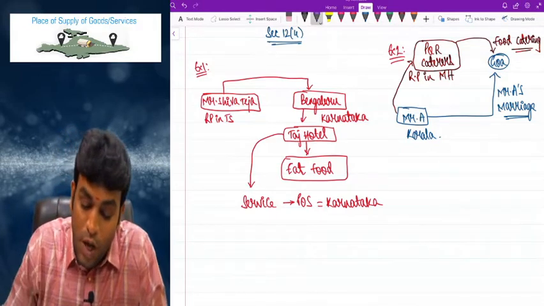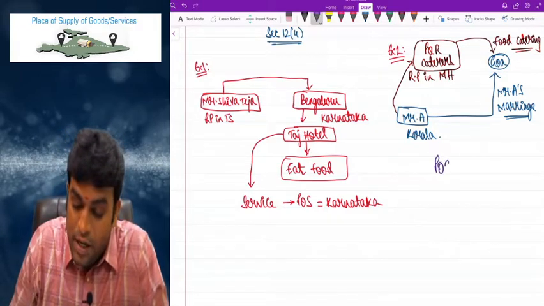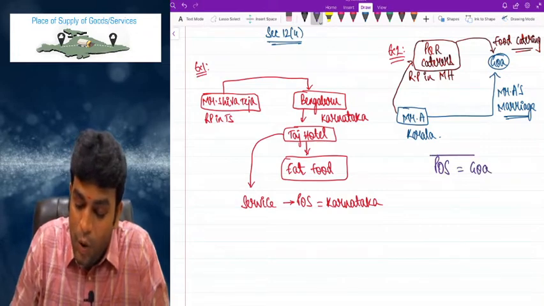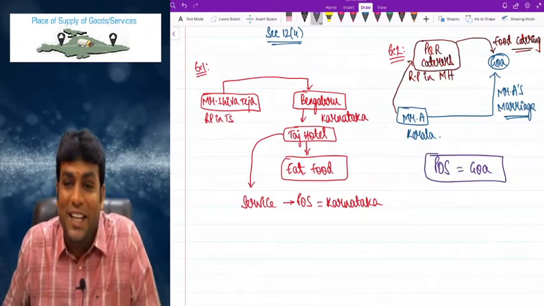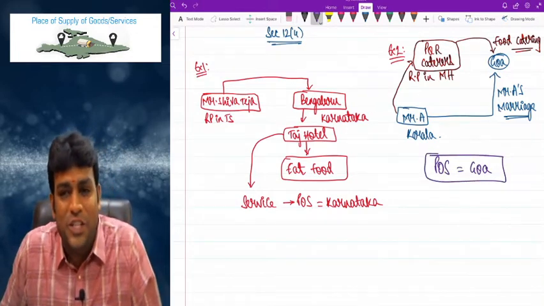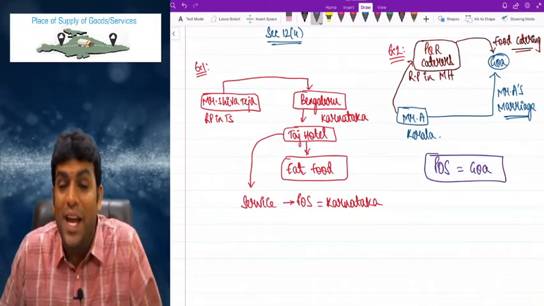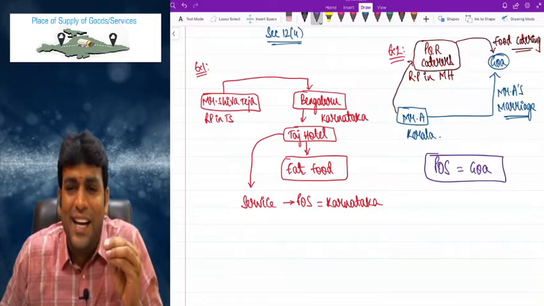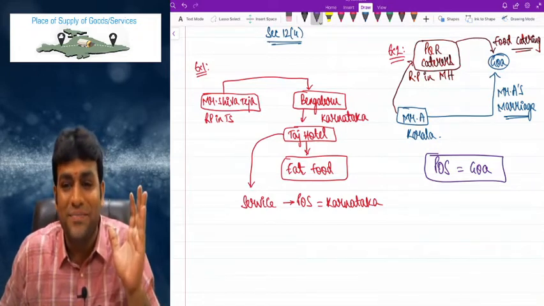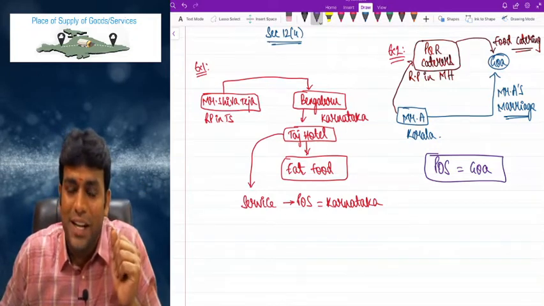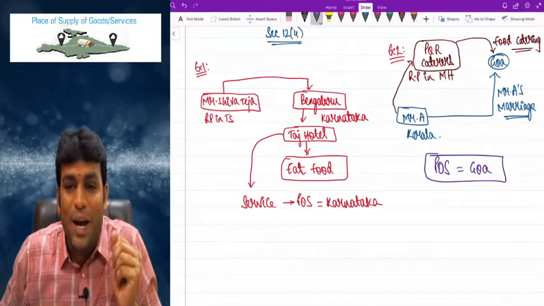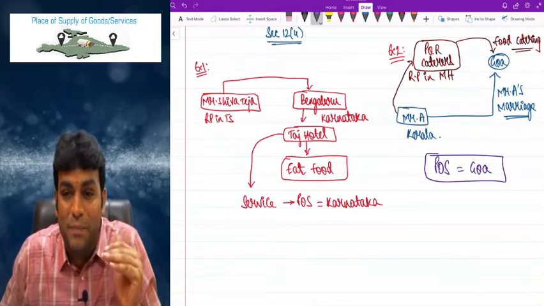Now let me tell you, for this transaction, the place of supply will be Goa, because law clearly says in 12.4 that in case of restaurant and catering services and other services, the place of supply will be the place where services are actually performed. Where is it actually performed? Goa. In the second example, the place of supply is Goa.